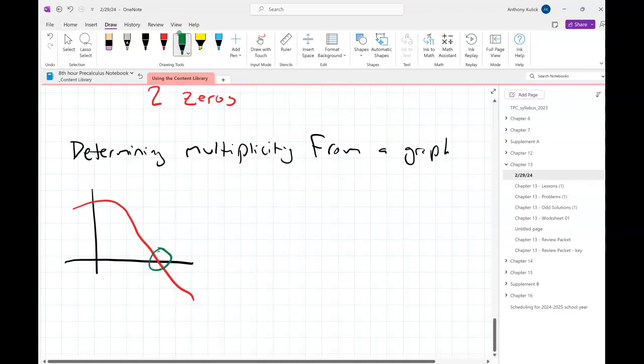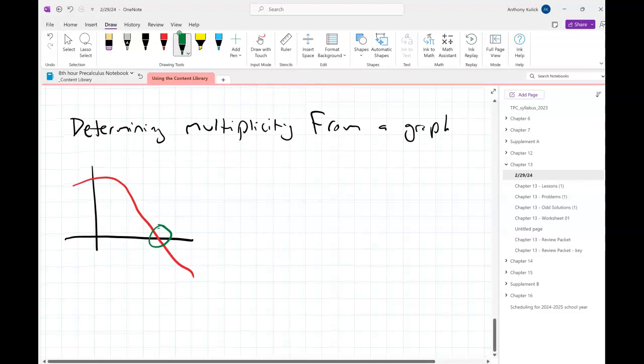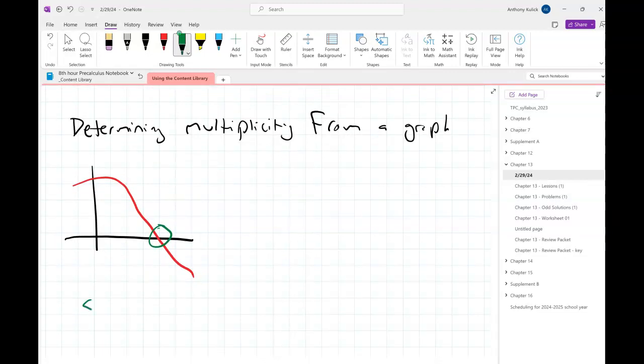So this is an x-intercept, right? That's a 0. This type of x-intercept, or this type of 0, is called a straight, because you notice the graph is passing straight through the x-axis. Straights always have multiplicity of 1.